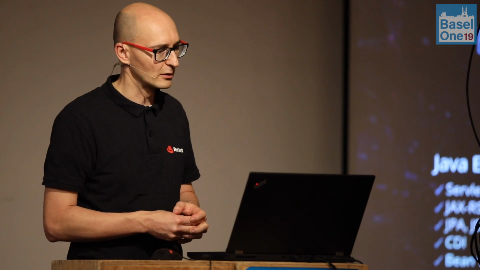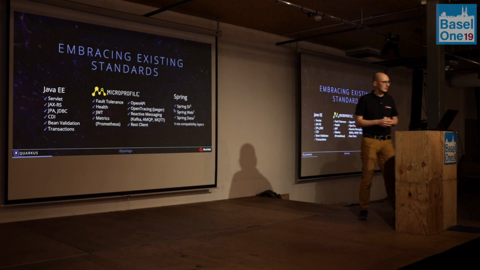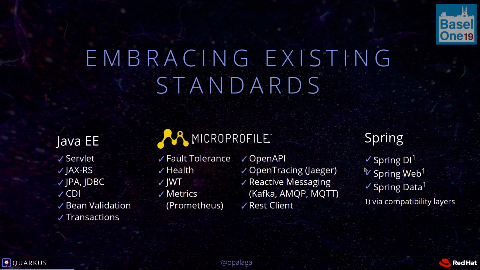But it also supports the newer MicroProfile specifications like health, fault tolerance, metrics, reactive messaging, OpenAPI, REST client, and so on. And there's also some support for Spring, which is a de facto standard.